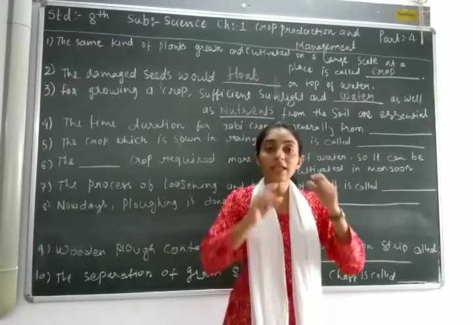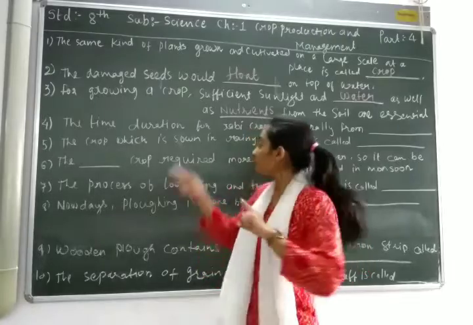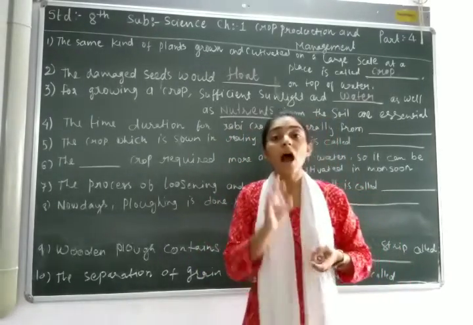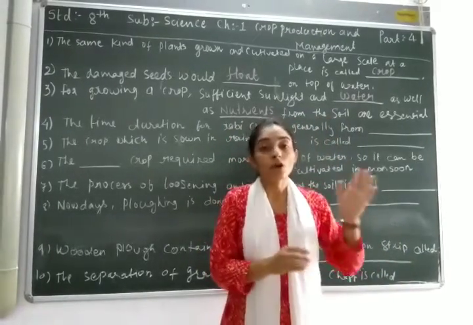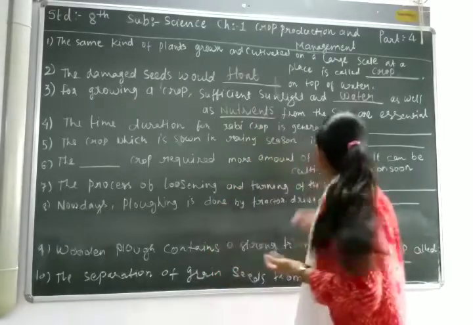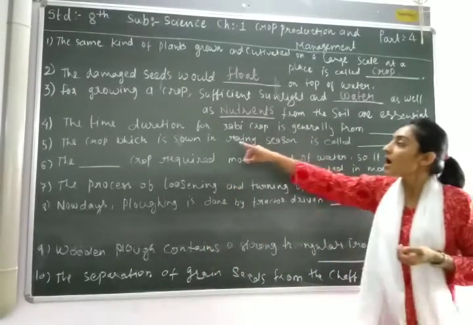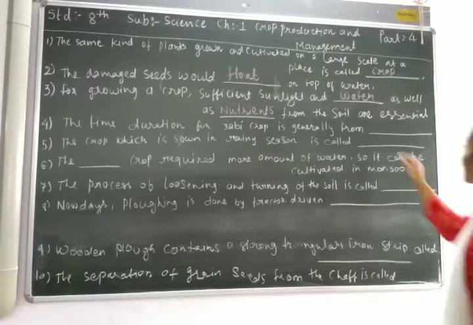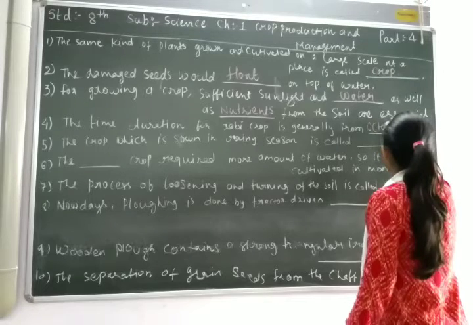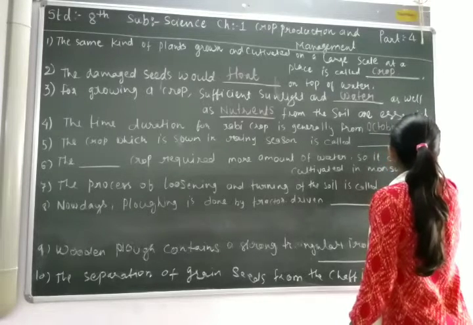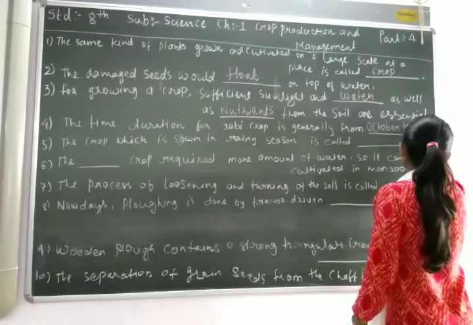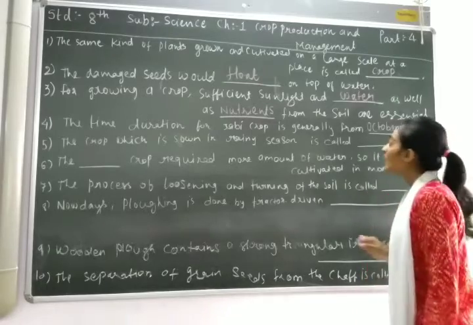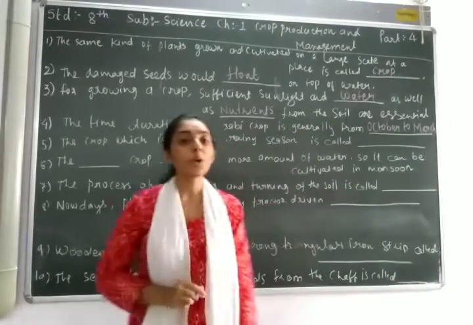And we know that in India the winter season lasts from October to March only. So the time duration for Rabi crops is generally from October to March.